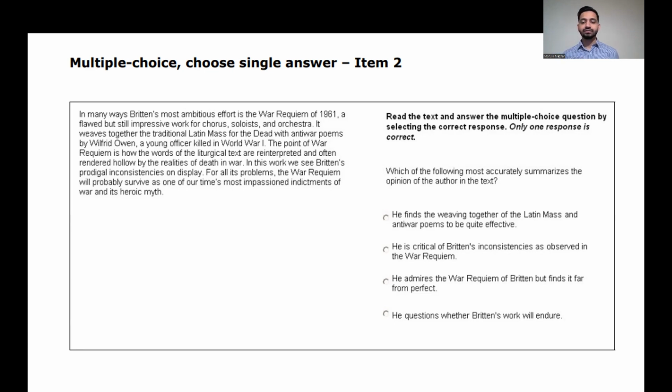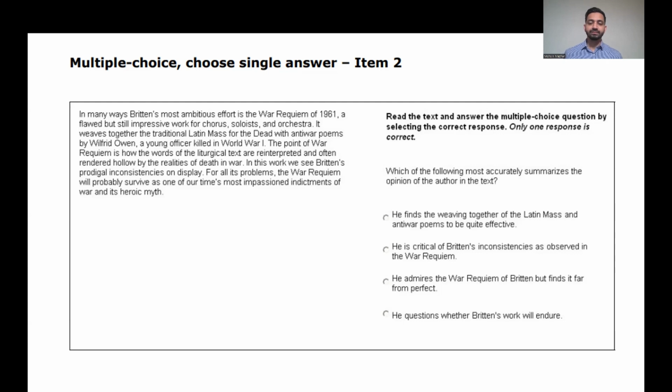He is critical of Britain's inconsistencies as observed in the War Requiem. And you should know what War Requiem is. It's kind of a ceremony done when you remember the people who died in the war. So he is critical of Britain's inconsistencies. That's what we need to look for in the passage, if he's critical about that.